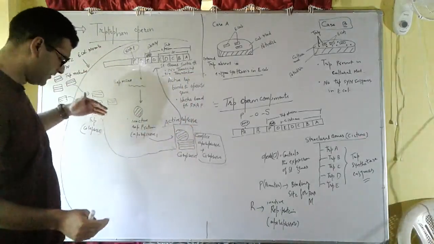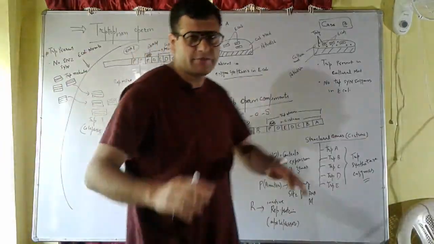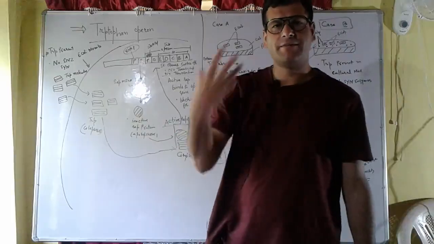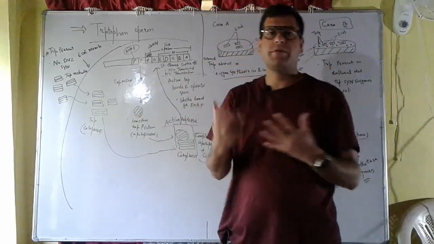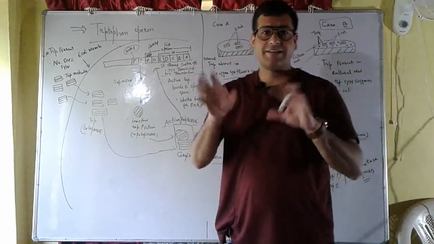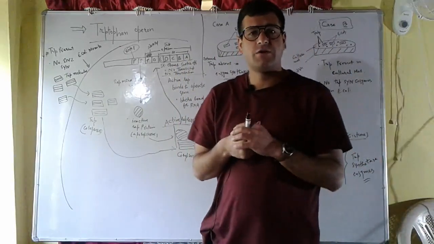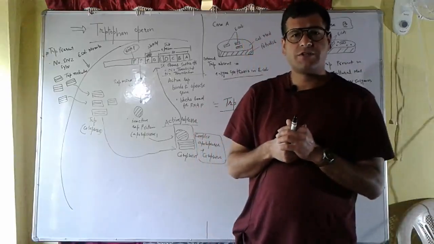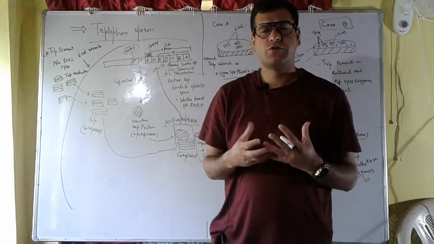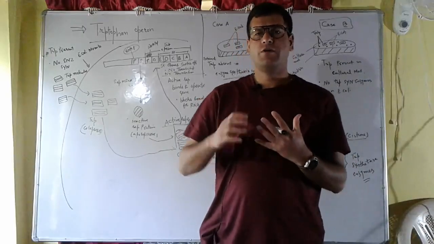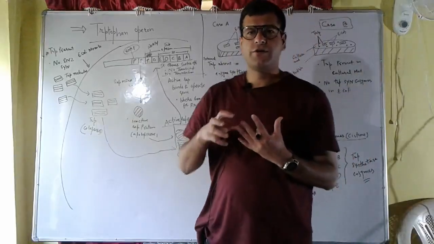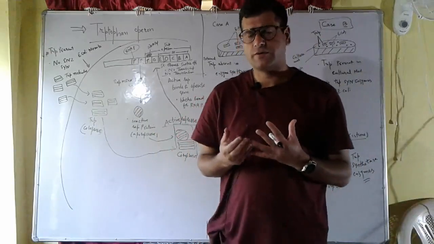So we can say that this is a simple mechanism: when you have added tryptophan molecules in the external medium, that means this information will go into the DNA of this E. coli, that it will not synthesize the tryptophan synthesizing enzymes, because when you provide ready-made tryptophan to the E. coli, there is no need for the E. coli to synthesize the enzymes which are needed for the synthesis of tryptophan.